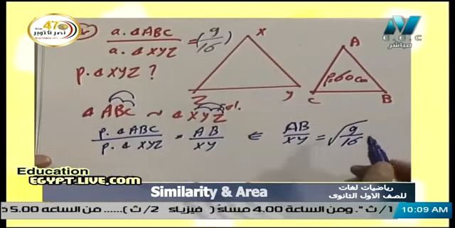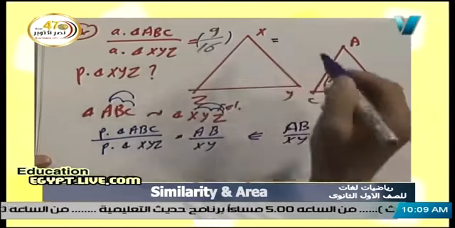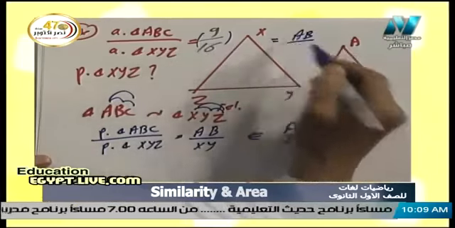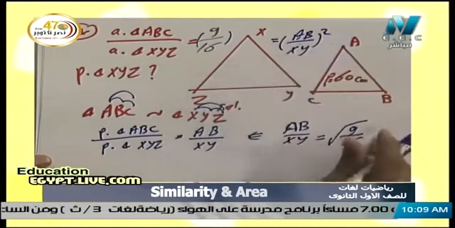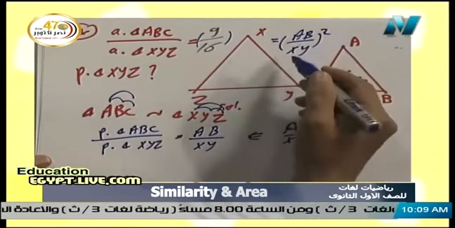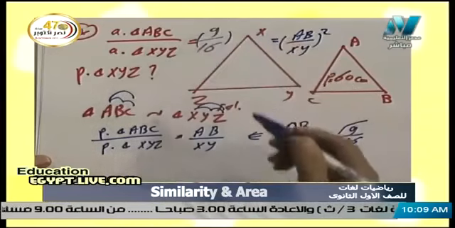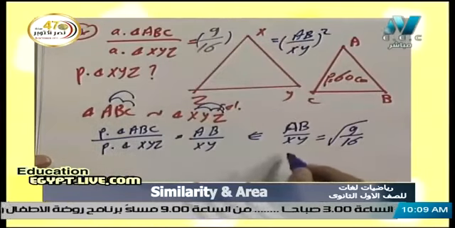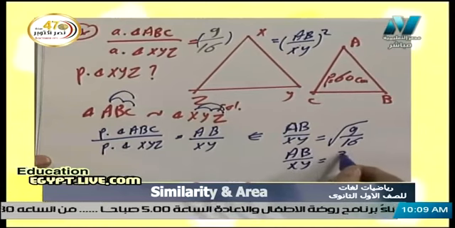Why? Because the ratio of areas equals AB over XY, which is one of the ratios of the triangles, but power 2. So to get AB over XY only, we must take the square root of 9/16. So AB over XY here will be 3/4.